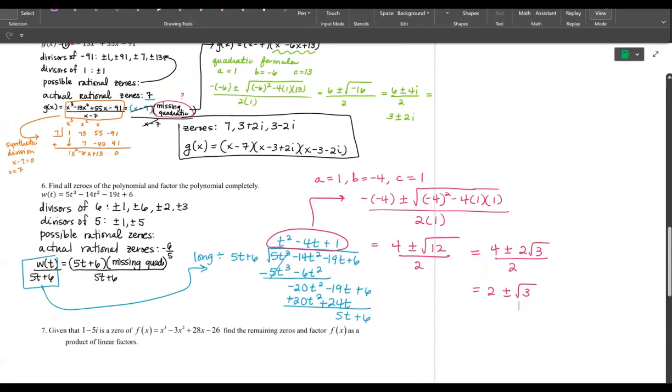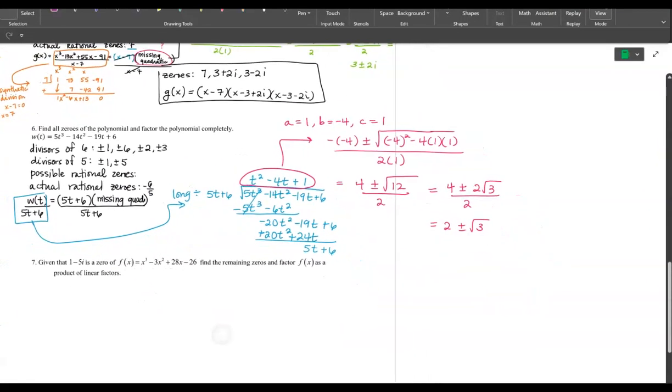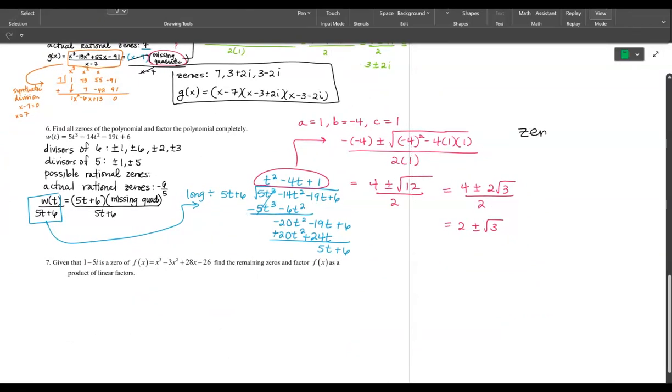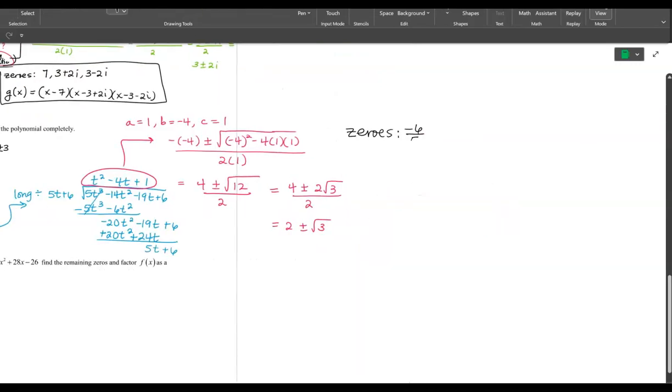So now we know that the complete and total list of zeros of this polynomial are negative 6/5, 2 plus the square root of 3, and 2 minus the square root of 3.